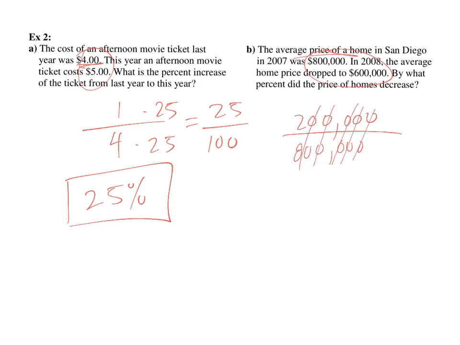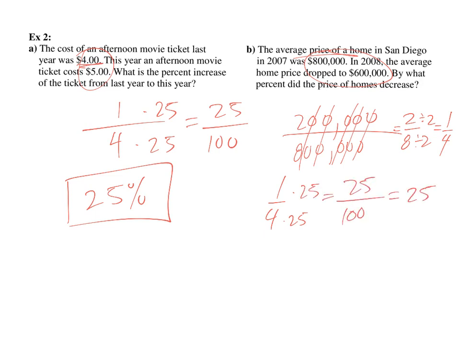That's simple. Then I have 2 over 8, and I can't multiply 8 by anything to get 100, so I'll divide both these by 2, and I get 1/4. Multiply top and bottom now by 25. So it's 25%. That's what it decreased by, 25%.